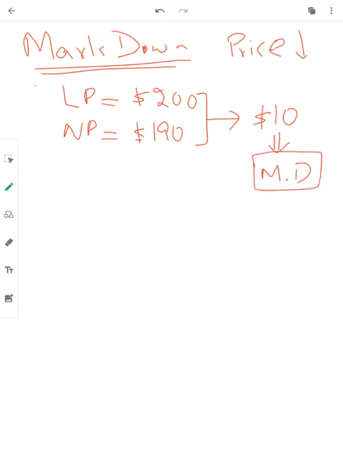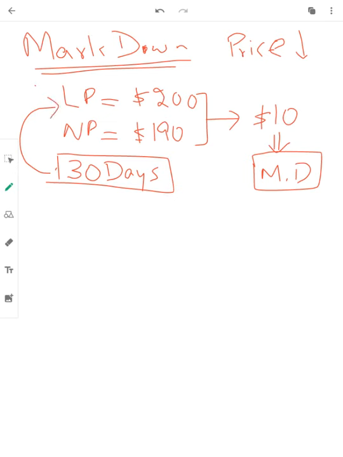So this $10 decrease in the price of the product is called markdown. And let's say I just did it only for 30 days. It means after 30 days, my mindset is that I will bring the price probably back to the old list price. This is called markdown.